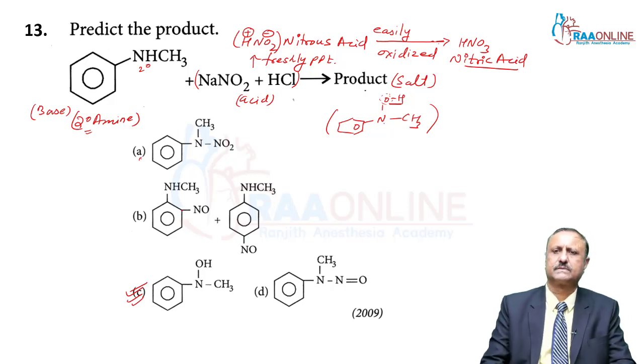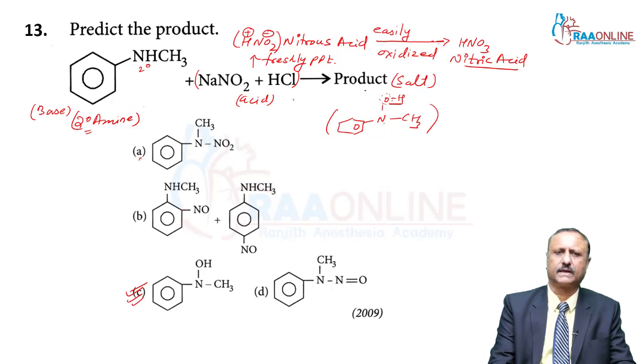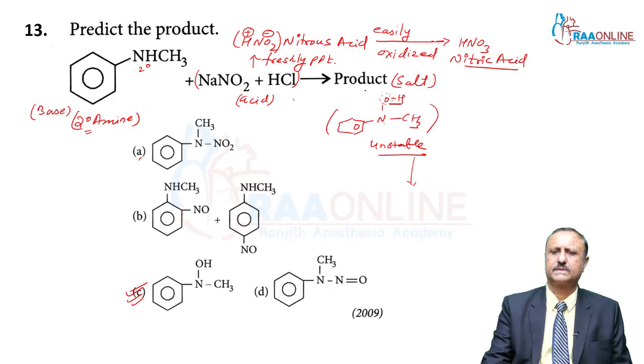Now, my dear students, in question number 13, the secondary amine NHCH3 can form N(OH)CH3, and this compound is unstable. This unstable compound is converted into a stable compound: NCH3, where the hydrogen of the OH group goes to the solution and the oxygen remains on the nitrogen atom.